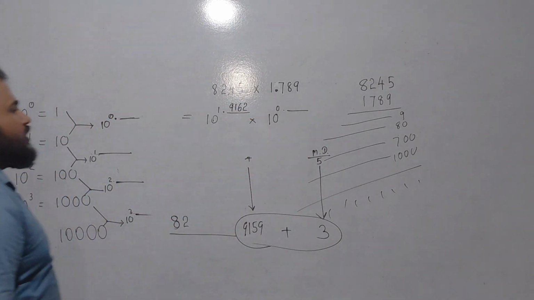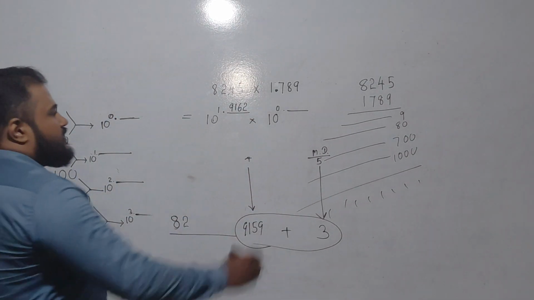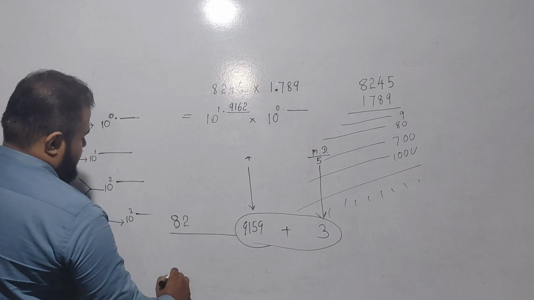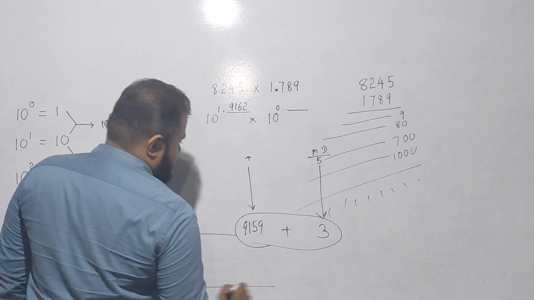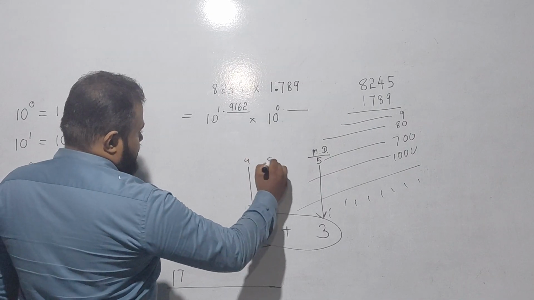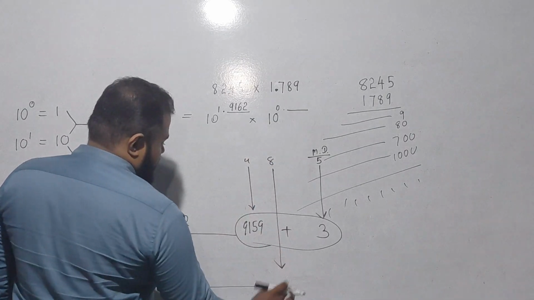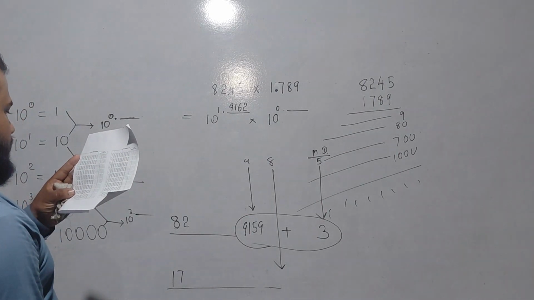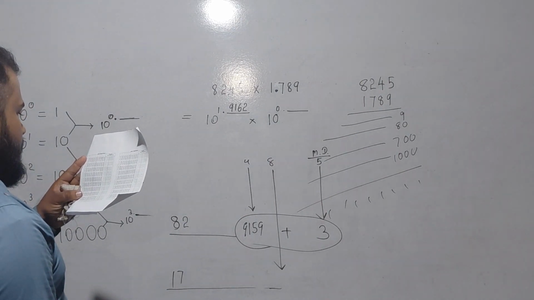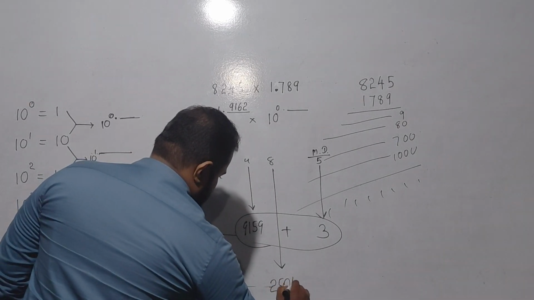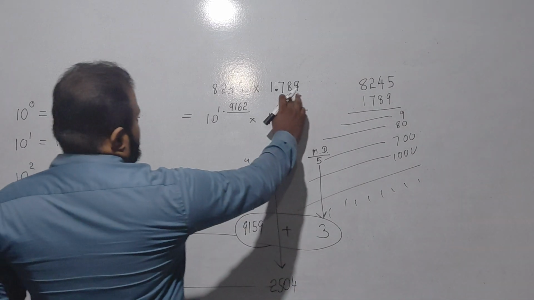Okay. Then how to find 1789? Go horizontally from 17, come vertically from 8. What's the value of 17's 8? 17's 8 gives us 2504. 2504. 8, 9.